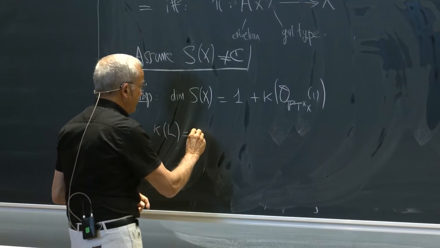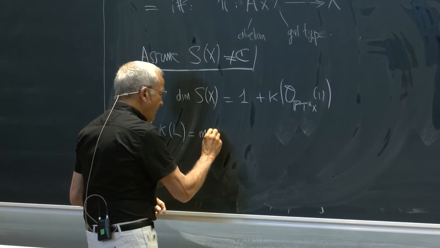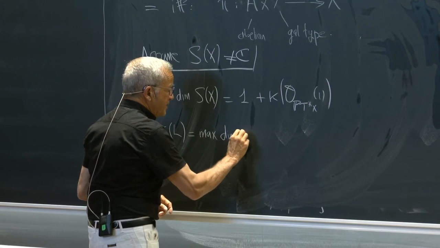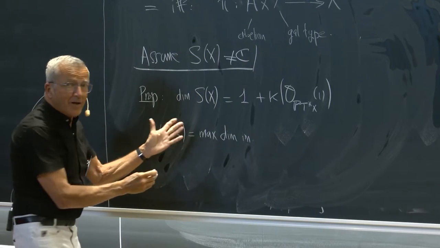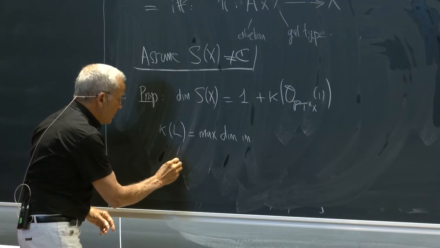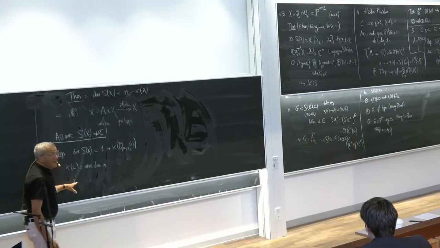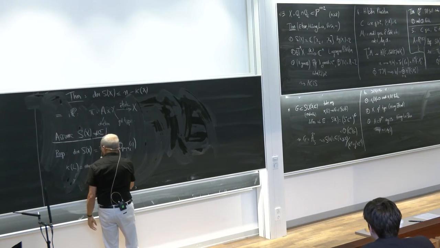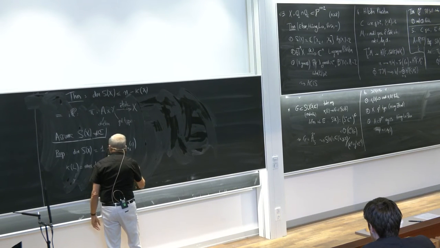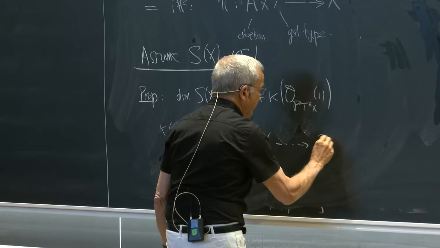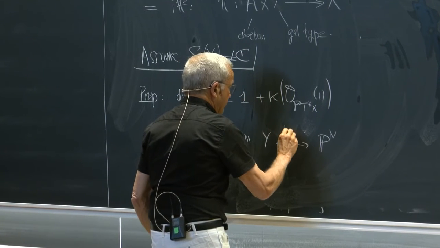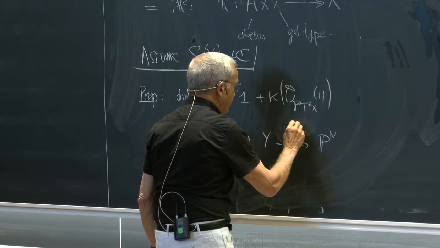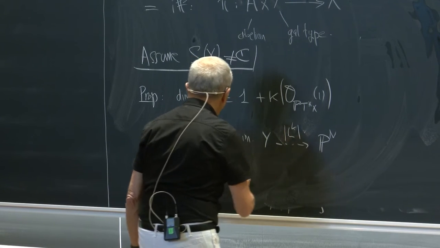Say we have a line bundle L on some smooth projective variety Y. It is the maximum of the dimension of the image of the rational map from Y to some projective space defined by the linear system L to the K. So maximum over K.